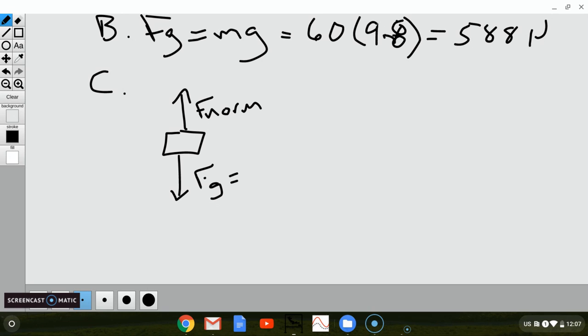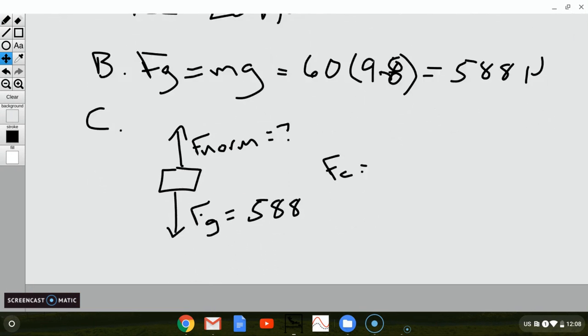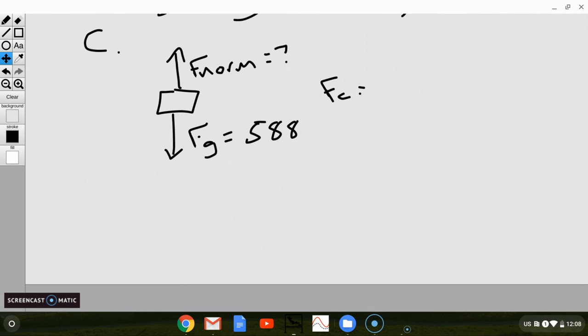Now, we know the force of gravity is 588. We don't know the normal force yet, but we do know that the centripetal force is equal to, I believe, 208. Let's go up and check real quick. Yep, 208. And we know that's equal to the force of gravity, which is positive, by the way, up here, and the normal force will be negative.